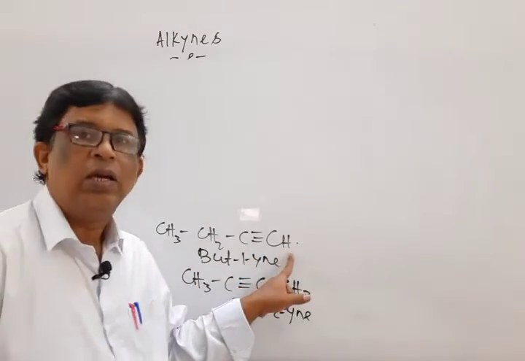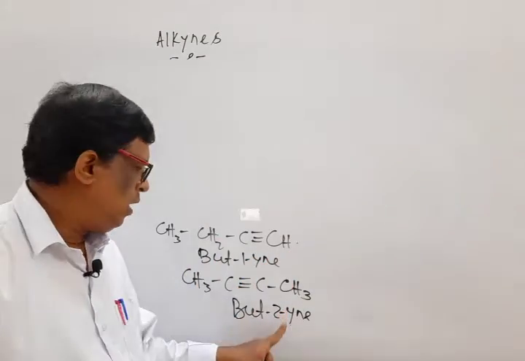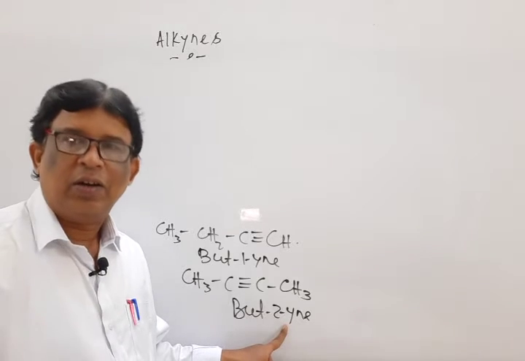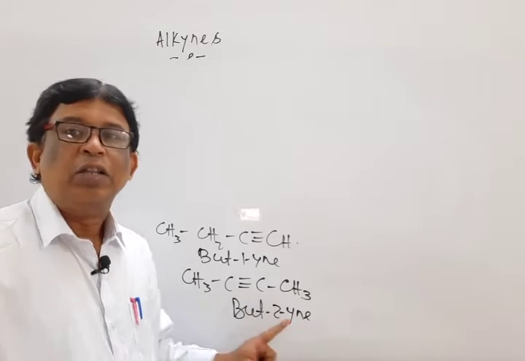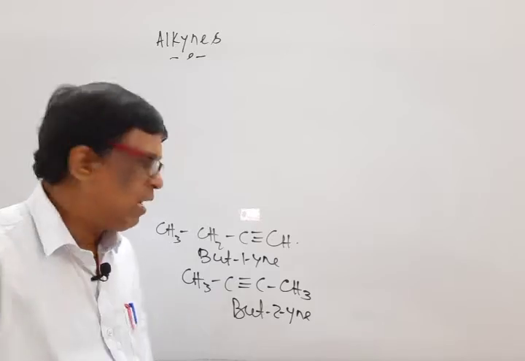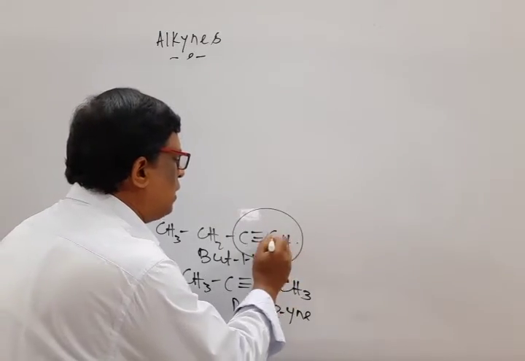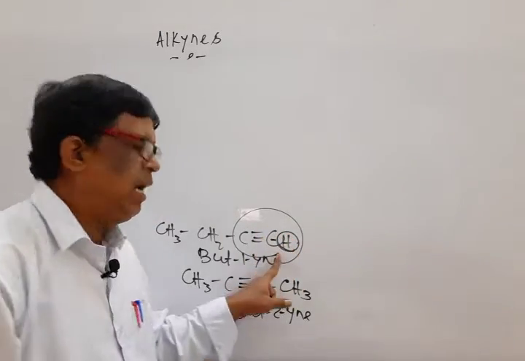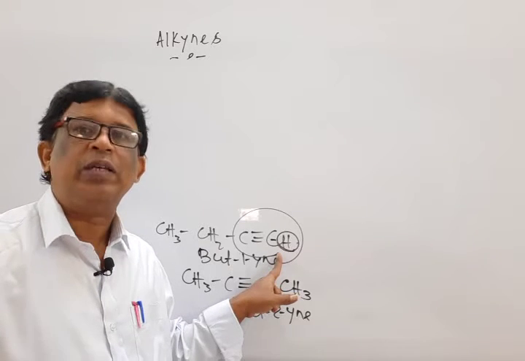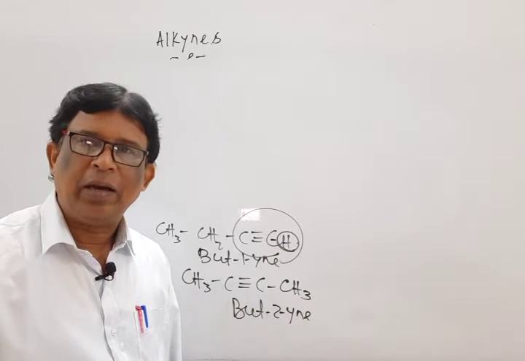First one is known as terminal alkyne, while second one is known as non-terminal alkyne. The most important thing you have to remember is that in terminal alkyne, this H is acidic in nature. We will discuss later under the heading of chemical property.